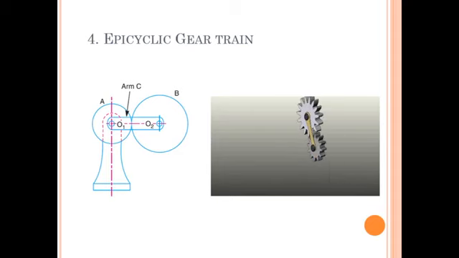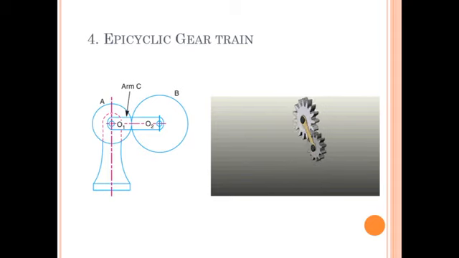Now for this epicyclic gear train, n number of applications are there. Epicyclic gear trains are useful for transmitting high velocity ratios with gears of moderate size in comparatively less space.